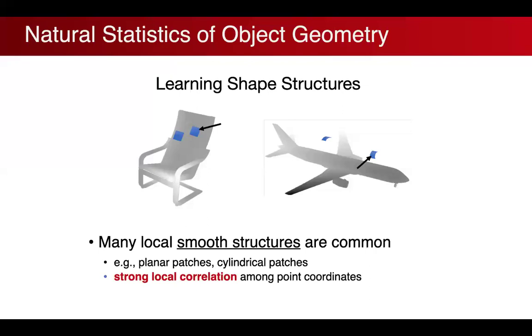Because if you want to learn shape structure, there are two kinds of structures. One kind is smooth structures: in general, objects are piecewise smooth. So many parts of the object are smooth, and there is strong correlation among the points in those regions. These are like planar patches, like in the back of the chair, or cylindrical patches in the airplane.